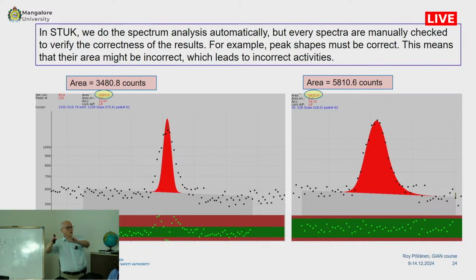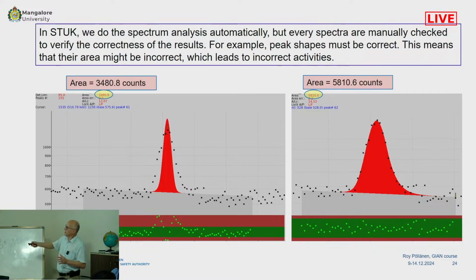But then we have to go to the analysis of the spectrum. All right. In my organization, we do the spectrum analysis automatically. So there is a process that identifies each peak and calculates the activities. It's an automatic process, but we have to check the result of the process manually.